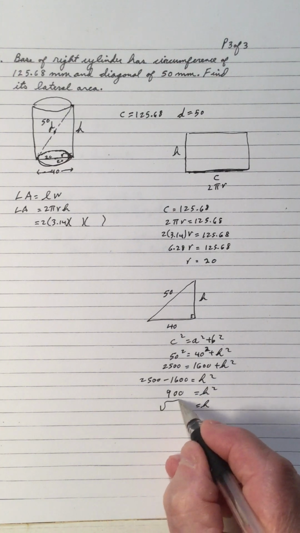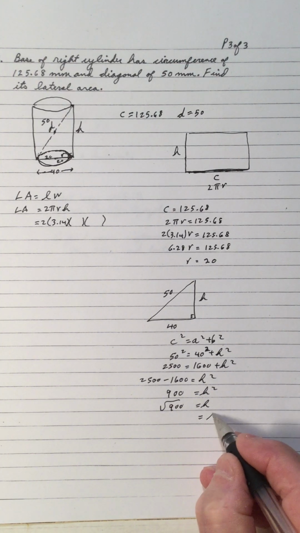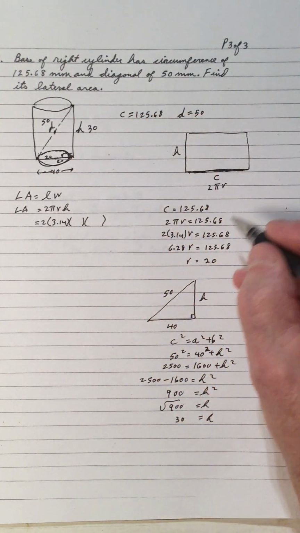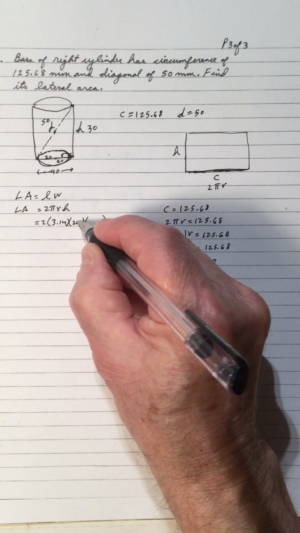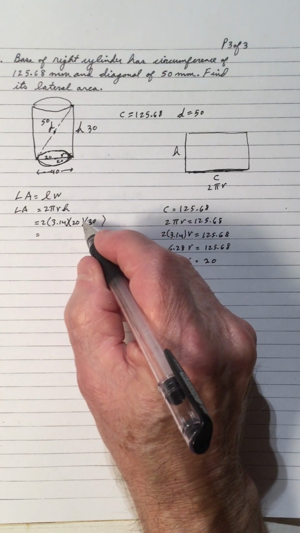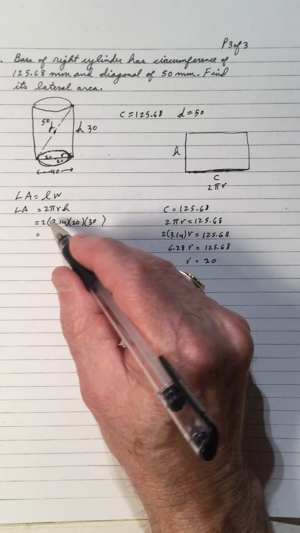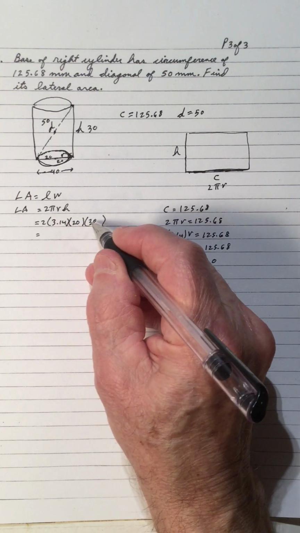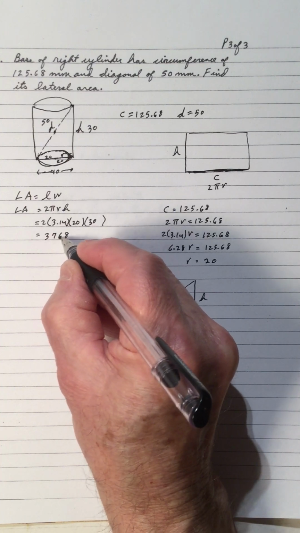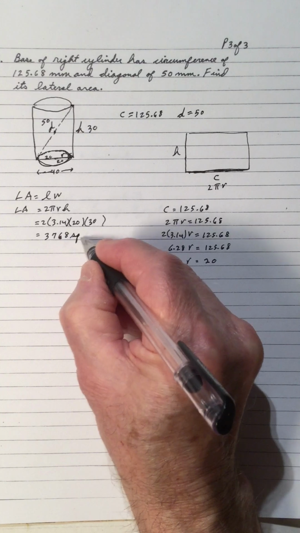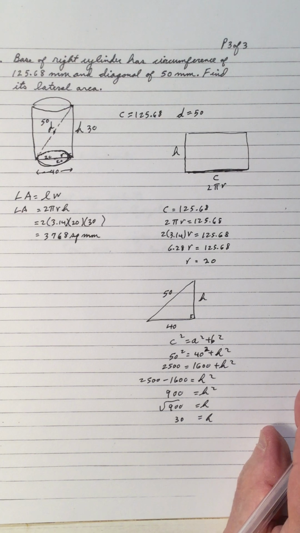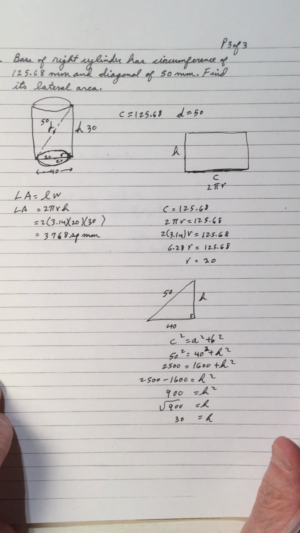So h is the square root of 900, so h is equal to 30. So we have a height of 30. Now we have a radius of 20 and a height of 30. When you multiply all that out, 2 times 3.14 times 20 times 30, it comes out to be 3768. That's in millimeters, so that's square millimeters, to the nearest unit.